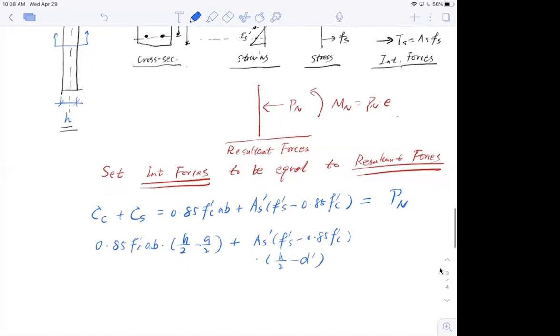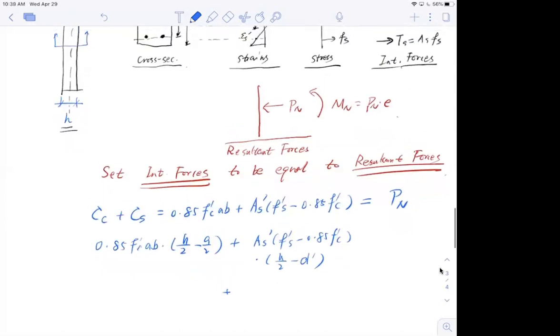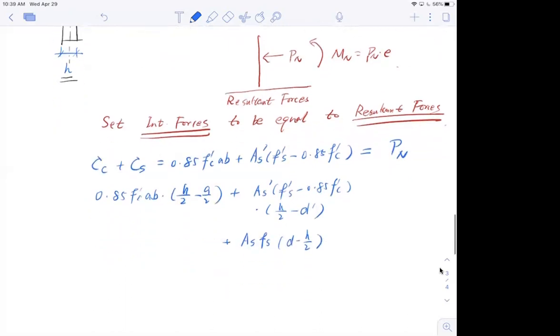Okay, and don't forget the tension caused the moment. That is As fs, d minus half h.